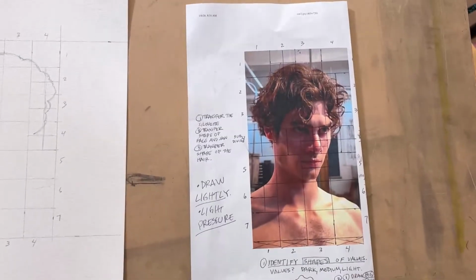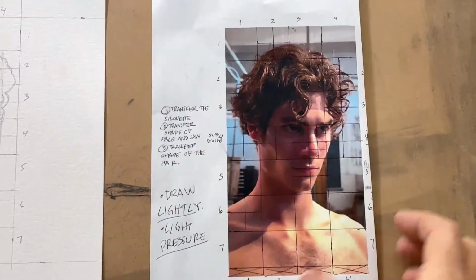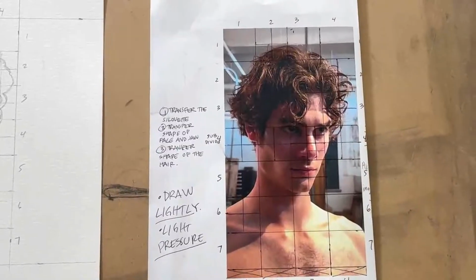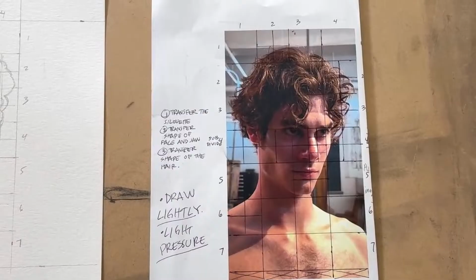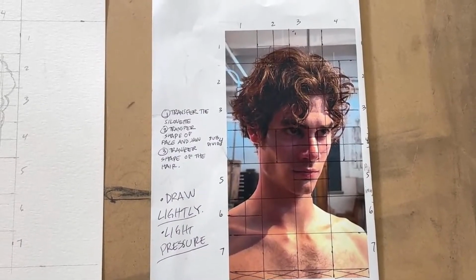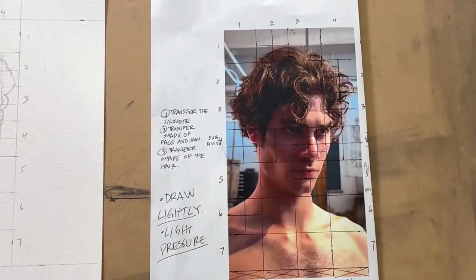So if we look at my image here, we see that there's a light shining on this individual. Can you see a big shape that the light source creates on this portrait?